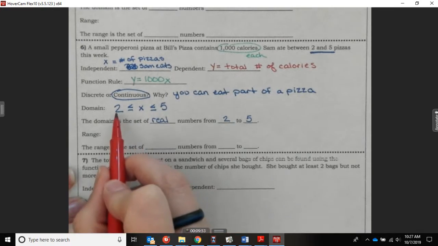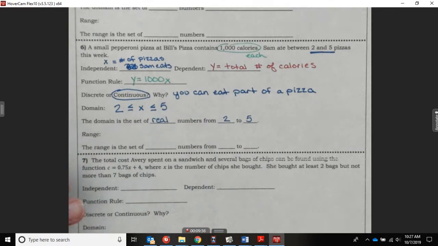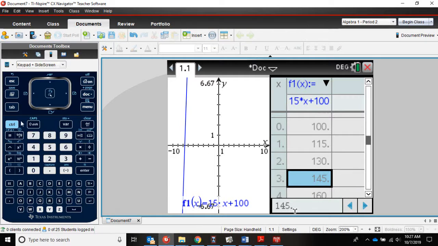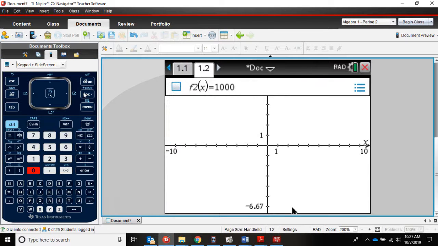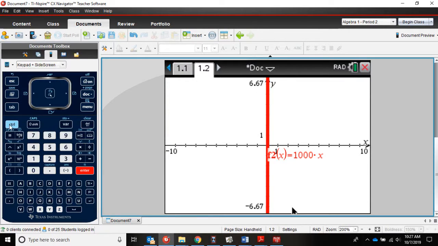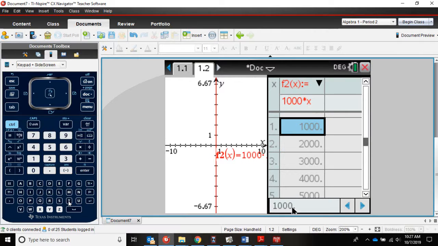And then my range matches up. So it's like plugging that in, or it's like using your calculator. If I'm on my calculator, I can add a new graph page, and I type in 1,000x, and I go to my table because that's what's useful right now. If he eats 2 pizzas, that's 2,000 calories, which you may have figured out without using your calculator.